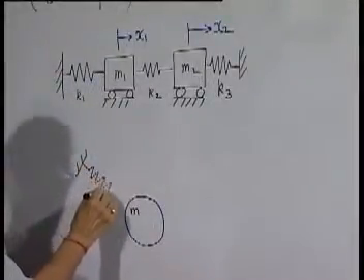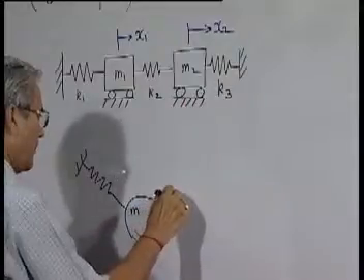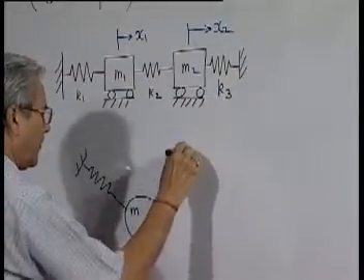Sometimes the 2 degree freedom system may not involve more than one lumped body.